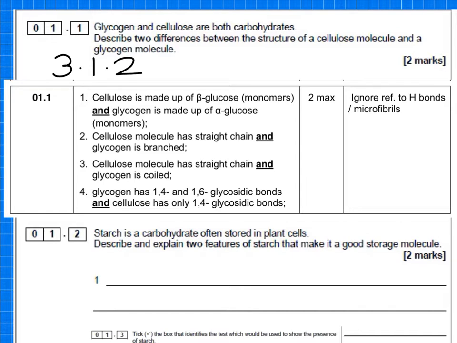And then the last one is glycogen has 1:4 and 1:6 glycosidic bonds, and cellulose has only 1:4 glycosidic bonds. Notice it does say ignore references to hydrogen bonds, and also microfibrils. It just wants you to talk about the basic structures that are different between the 2.